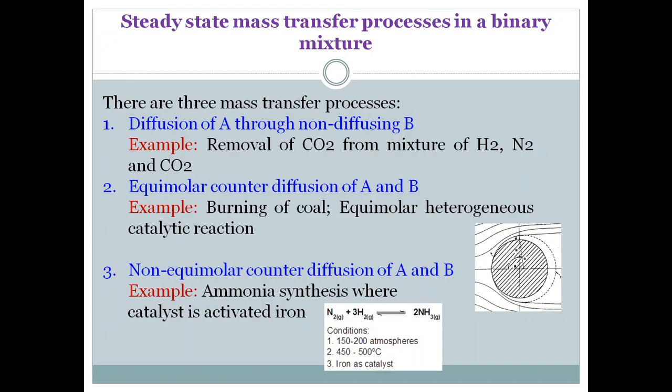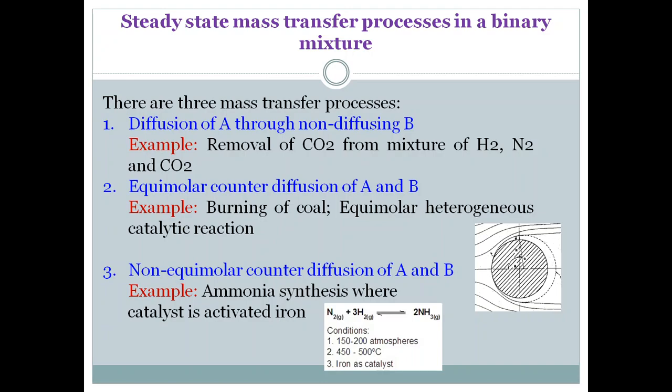However, nitrogen and hydrogen are not diffusing from the gas phase to the liquid phase. So carbon dioxide is diffusing, and hydrogen and nitrogen together are non-diffusing, and we can consider them here as B. So diffusion of A through non-diffusing B.